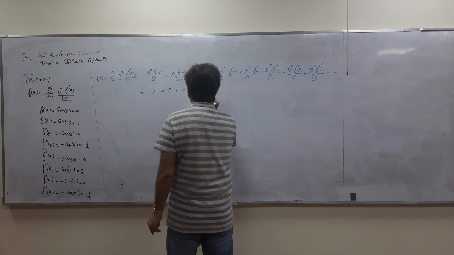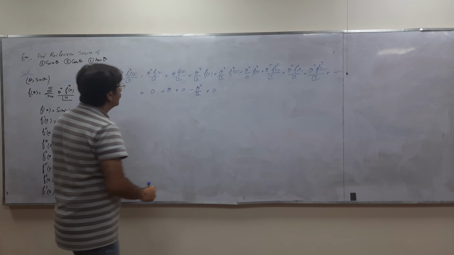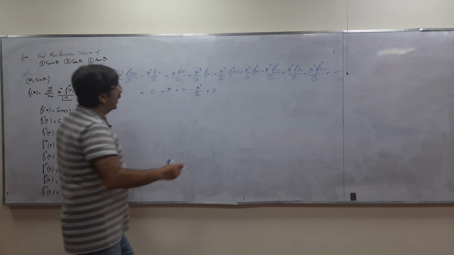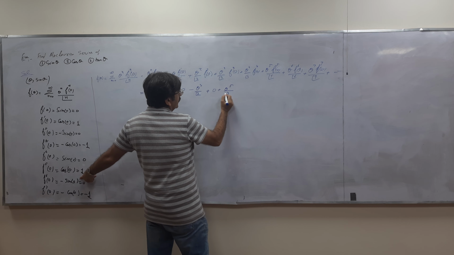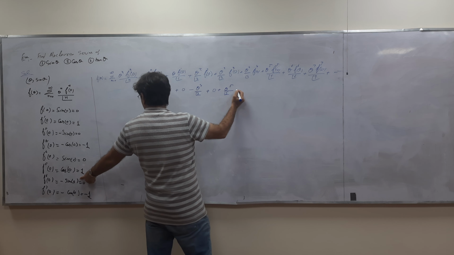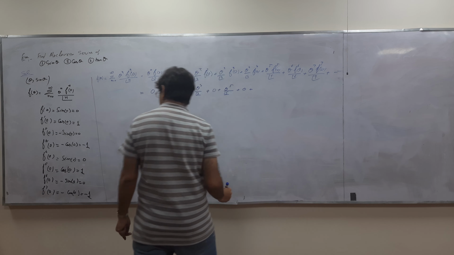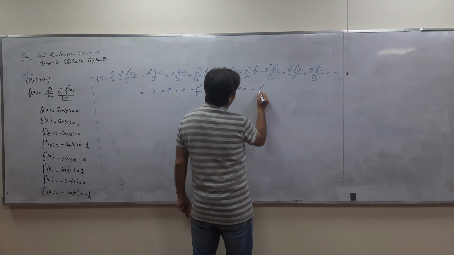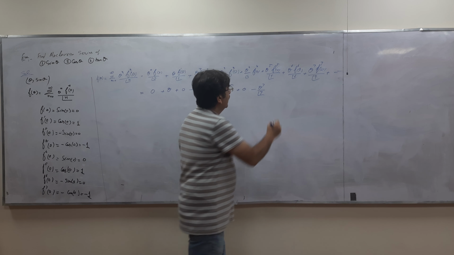Plus again 0 for 4, plus theta 5 over 5 factorial, then 0 for 6, and for 7, minus theta 7 over 7 factorial, and so on.